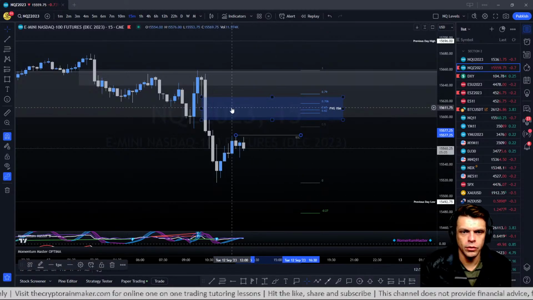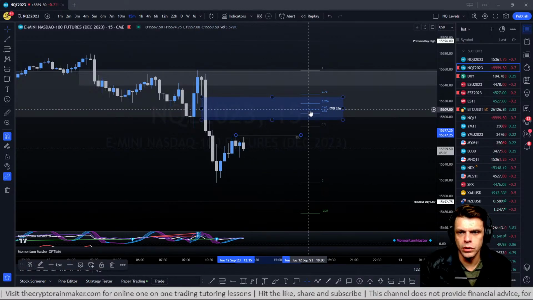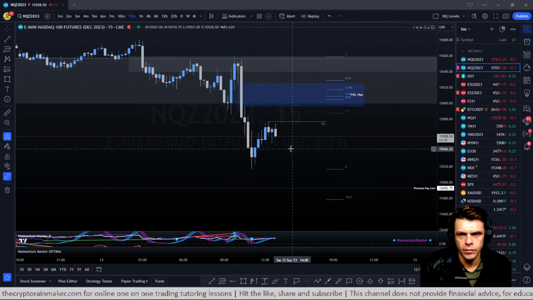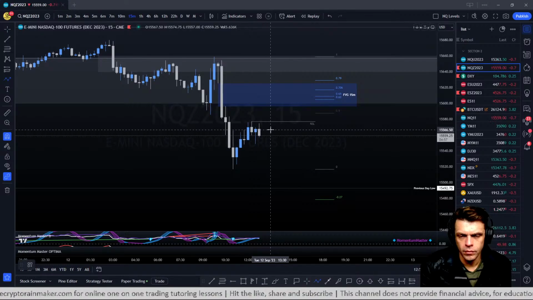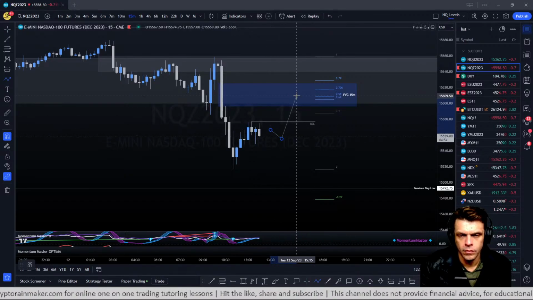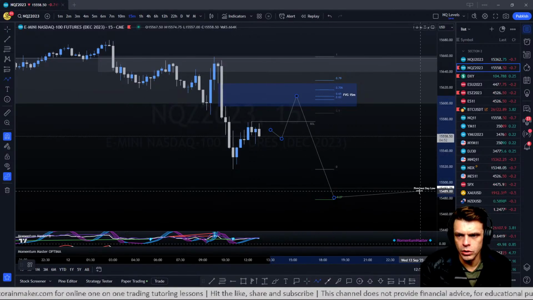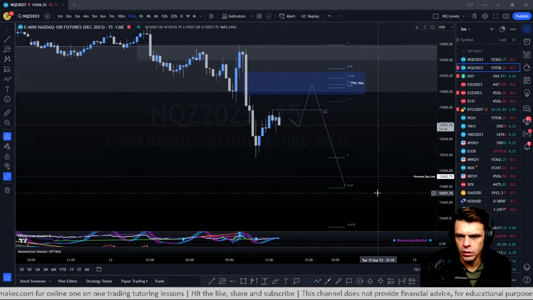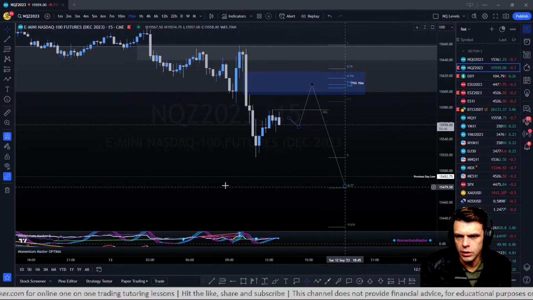And then push it into this fair value gap towards the Fibonacci 618. And then run towards the previous day low. And that previous day low also aligns nicely with this Fibonacci extension level.